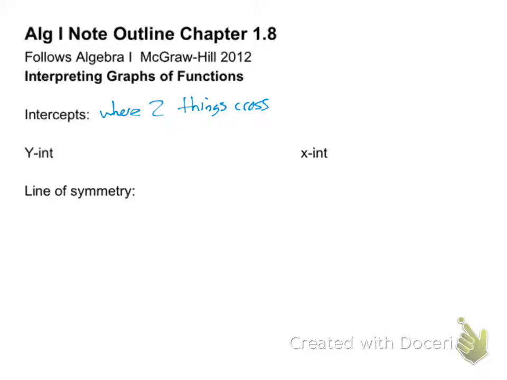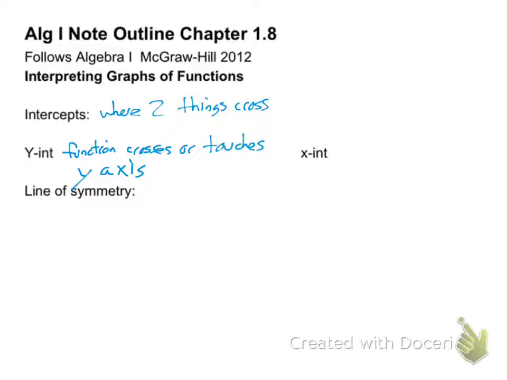So what 2 things are crossing? Well, if we're talking about a y-intercept, it's a very specific intercept. It's where your function crosses or touches the y-axis. So it doesn't necessarily actually have to cross it.